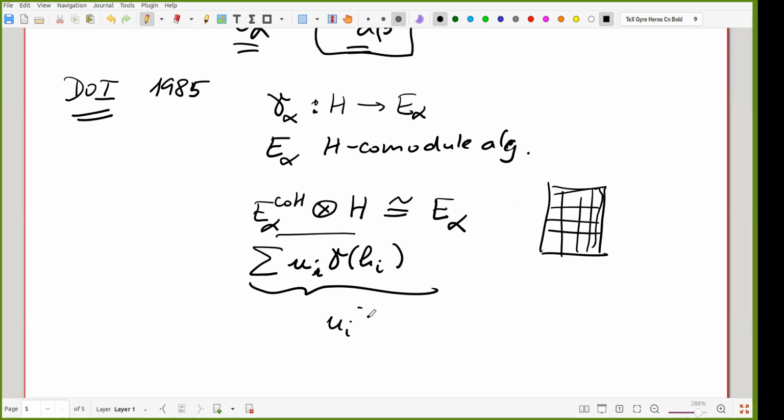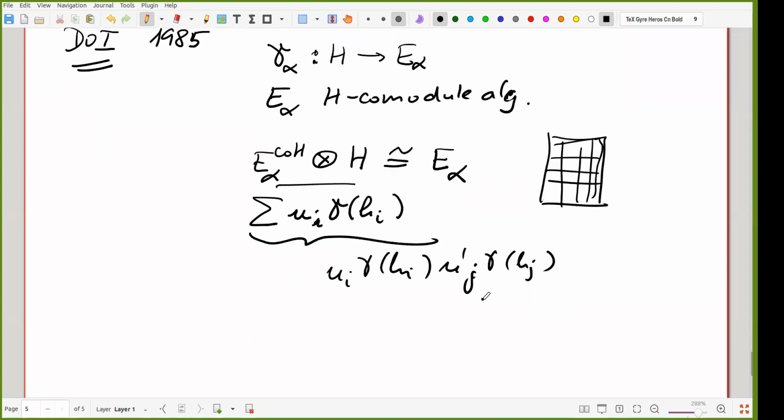When you put U with another U prime, say gamma h_j, for example, then these do not commute. I'm in non-commutative situation, so we will have something like U_i U_j prime, but not quite.